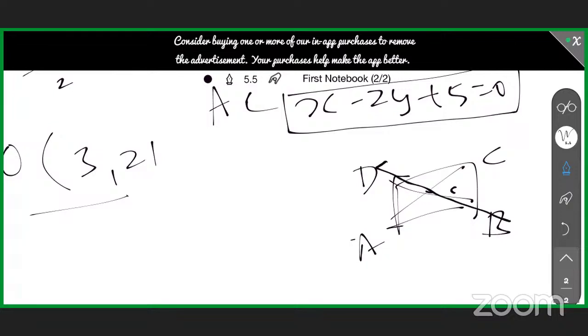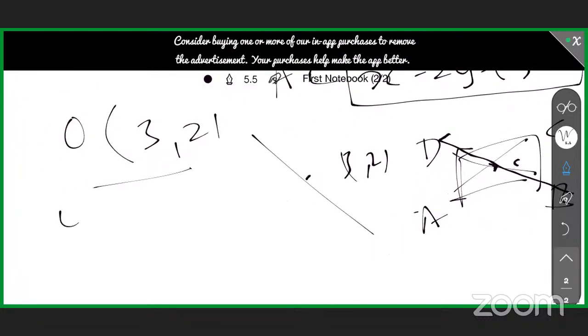BD is lying on the line y is equal to 2x plus c. And in that one, my point is (3, 2). It's not C, O. Yes, I'll draw separately. This is the line y is equal to 2x plus c. In this one, there is a point (3, 2), which means (3, 2) satisfies the equation.